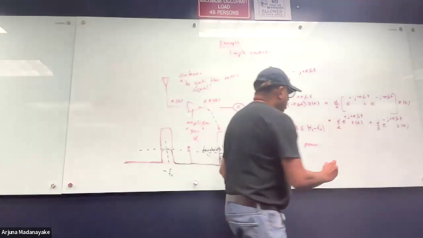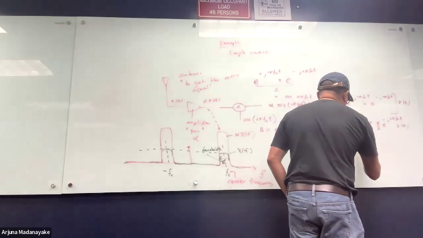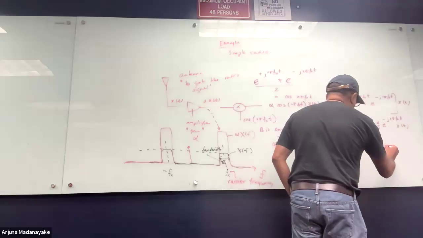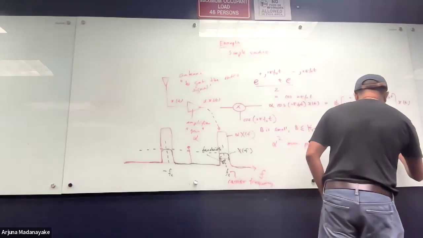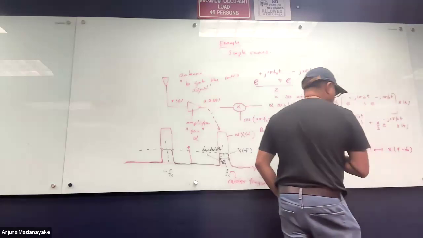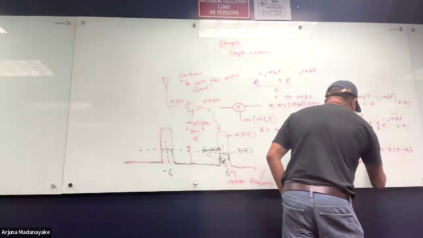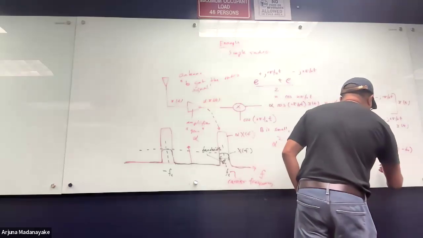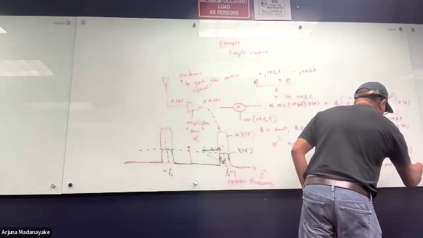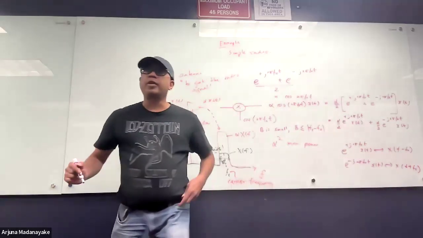So recall the Fourier transform of e to the plus j2 pi f naught t x of t is simply X of f minus f naught, and for e to the minus j2 pi f naught t x of t it is simply X of f plus f naught, from the previous lessons.